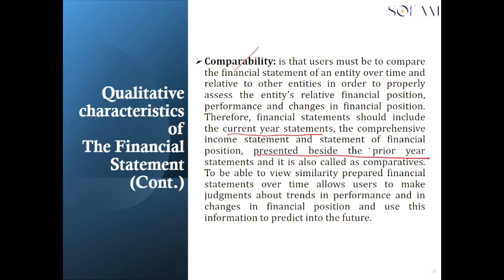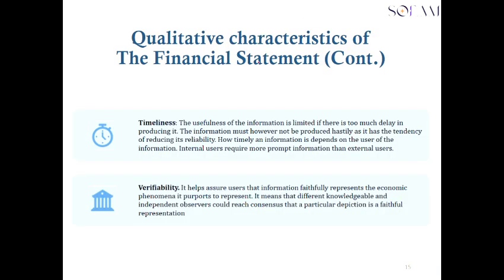And also, if possible, you should be able to compare your performance against that of your competitor or other entities, probably in the same industry, right? So anytime you pick a financial statement, you would always see the current year and you will see the prior year beside it. It is because of what? Comparability.